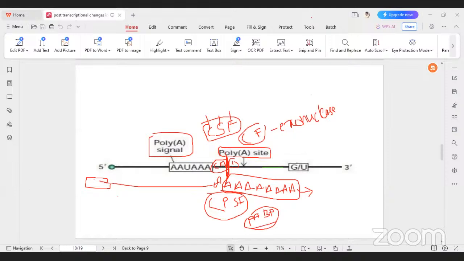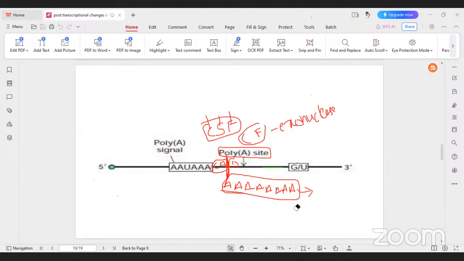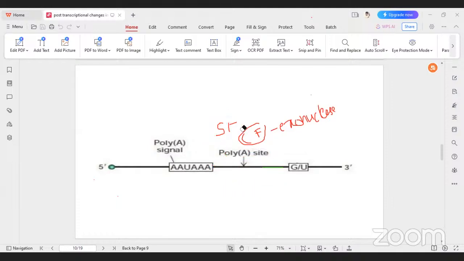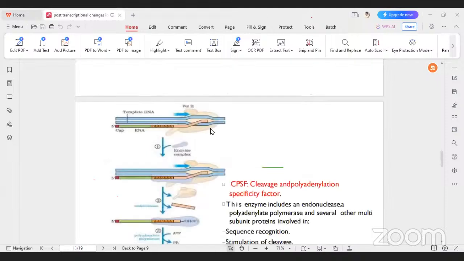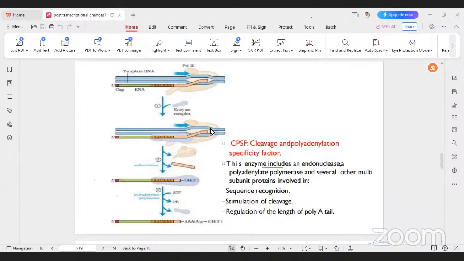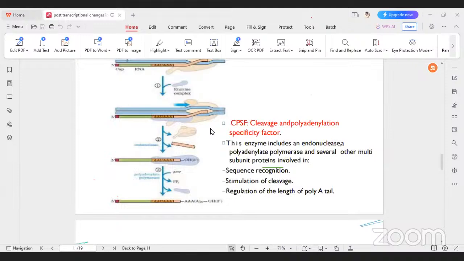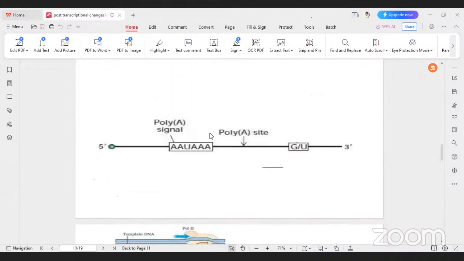And what is the remaining? What is the next one in these post-transcriptional changes? Hello?